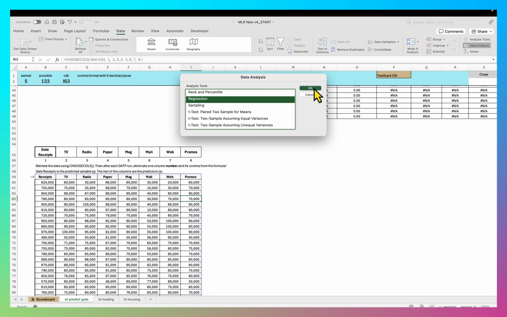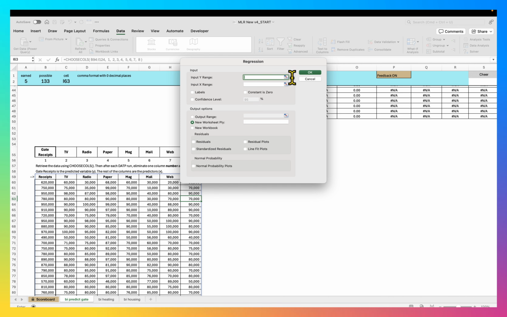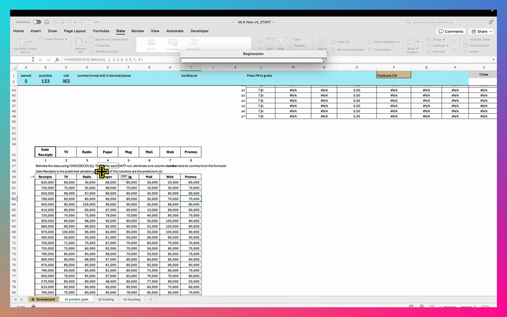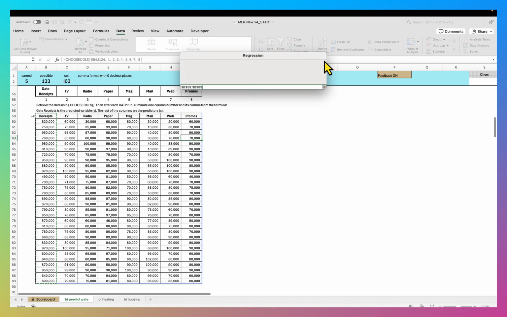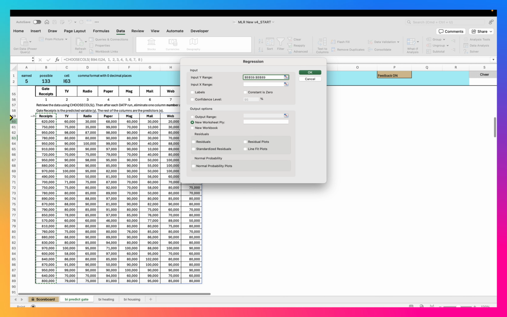Pick regression, and the Y range is going to be the gate receipts, including the heading. It bothers me that that doesn't say gate receipts. It should. Gotta lengthen that, make that row height bigger.